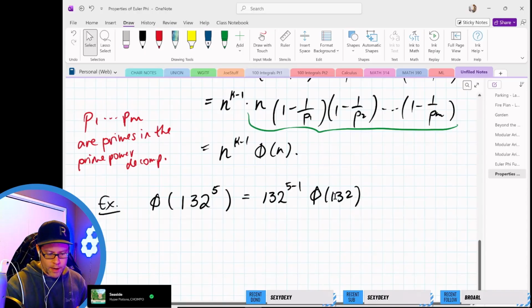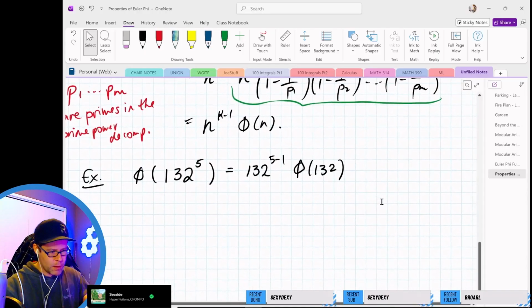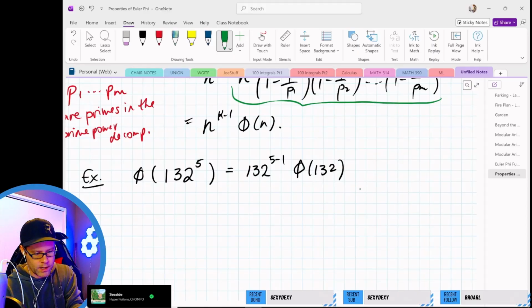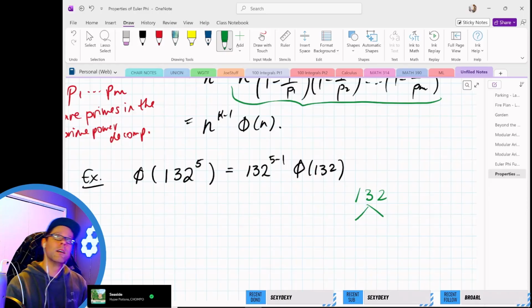Now, 132, I can go about doing that a couple different ways. Maybe the easiest is to just see how we might take 132 and find its decomposition into prime powers. Is it divisible by 4? It's divisible by 4.